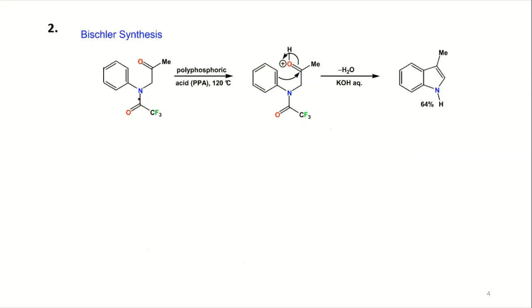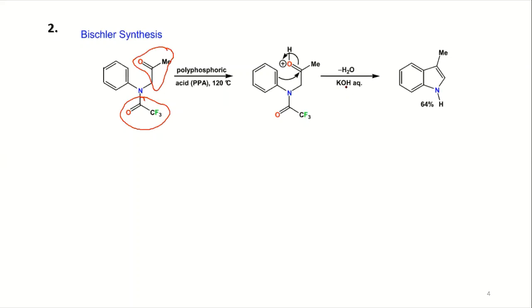Now here you have one electron withdrawing group, which you can easily get rid of if you treat with base, and you have another group which is again the ketonic group. Now this one, if you treat with phosphoric acid or an acidic medium, you have again a similar kind of reaction. You have CC bond formation, and then you have dehydration.